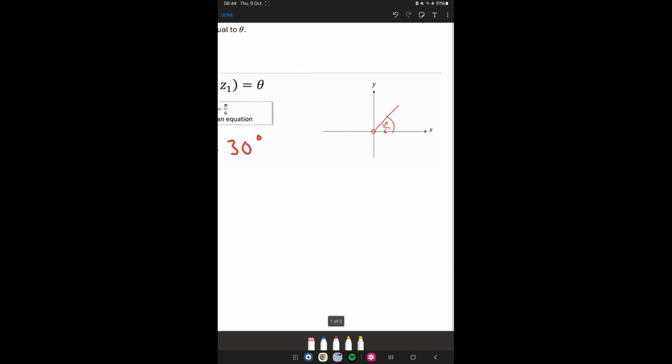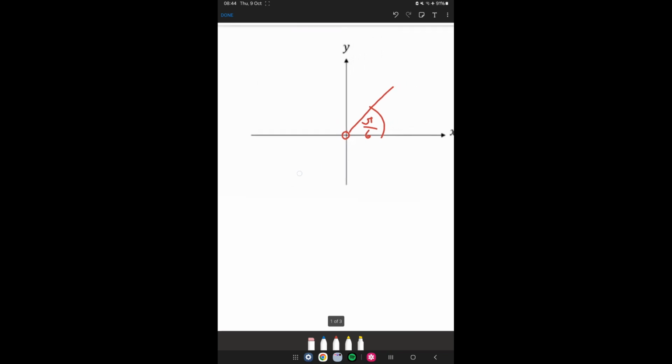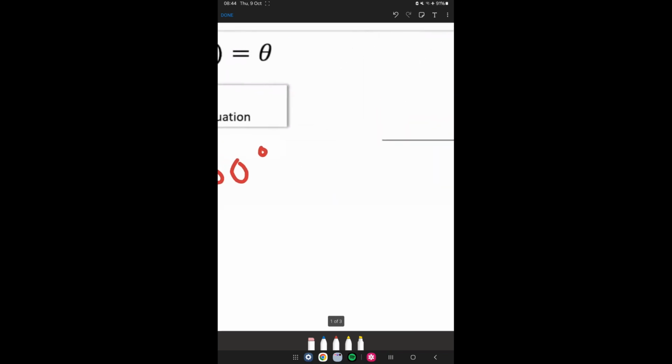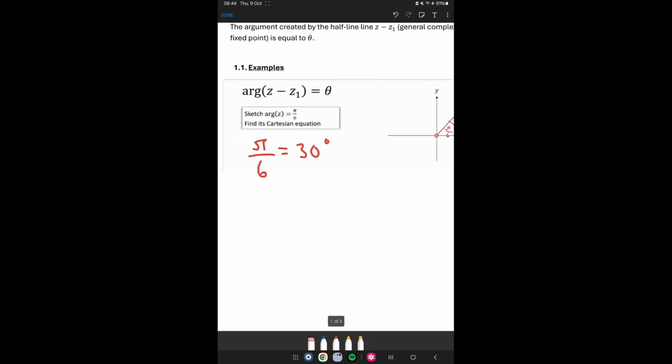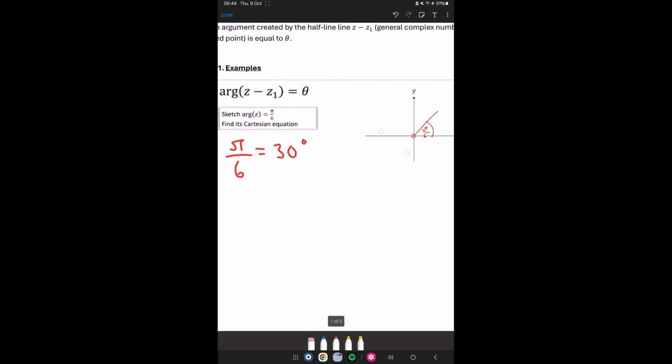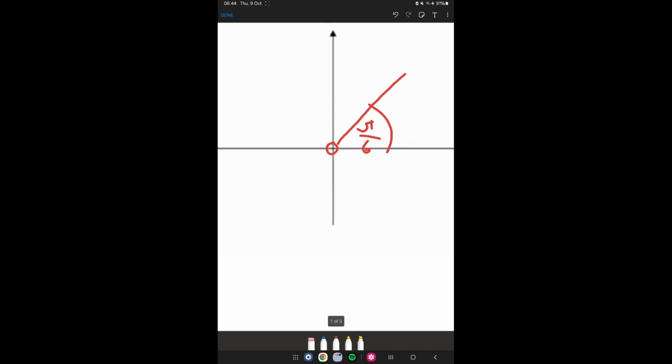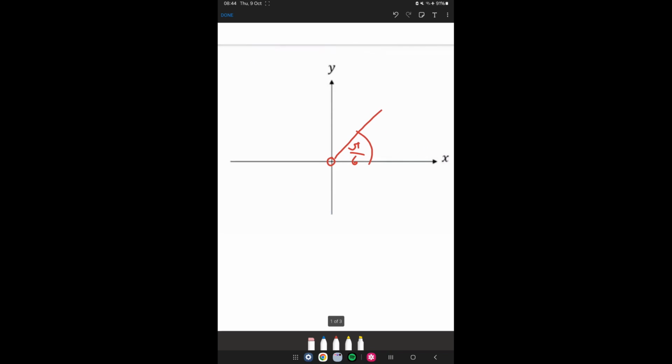It's basically, so z minus z1 is going to be that line there, and that is going to give us pi over 6. So the reason I've done that little dot there is because basically we're saying, where could z be? It can't be on the origin, because that wouldn't give us an argument, because we wouldn't have a line there.